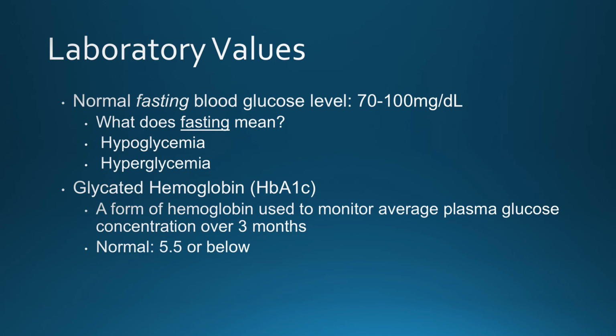So when we think about blood glucose levels, we most commonly think about what we call the fasting blood glucose. And this is that blood glucose level that we gather whenever we obtain a routine blood draw on a patient.